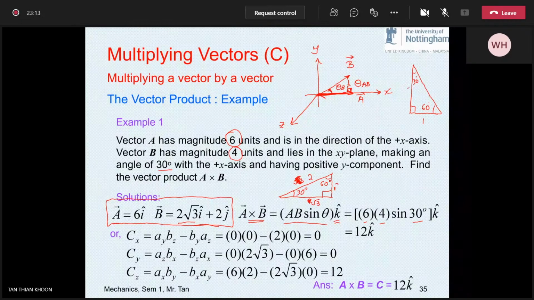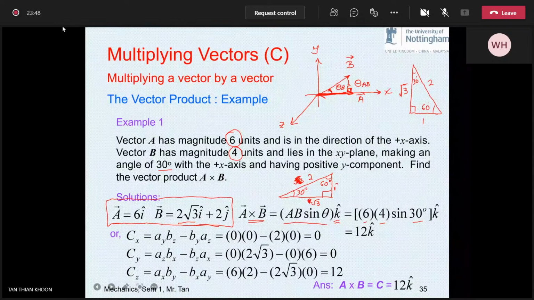Just now, who was saying it should be 6? Yeah, because I can't see your name. I hope what I show here, of course, is not based on the magnitude. It's based on the rules of the angle, the 30-60 rules.